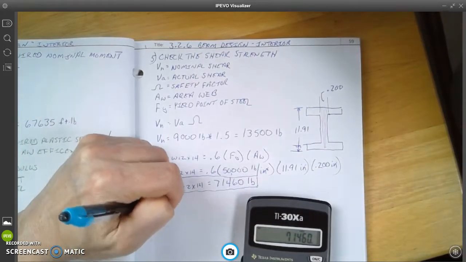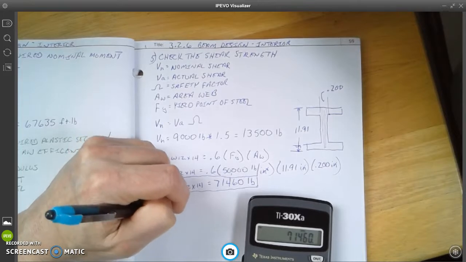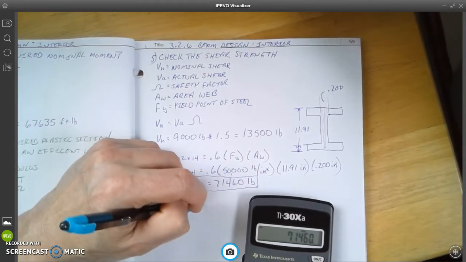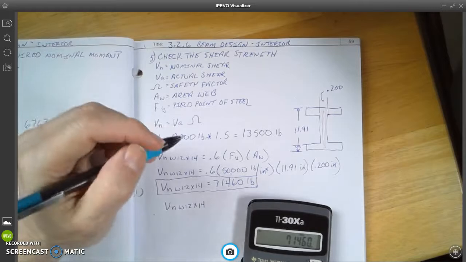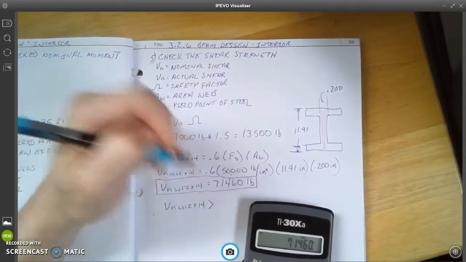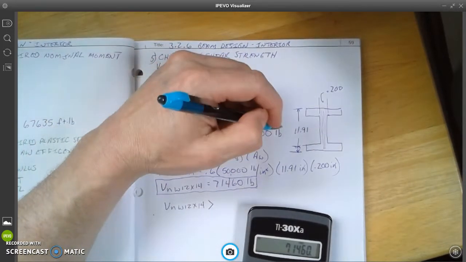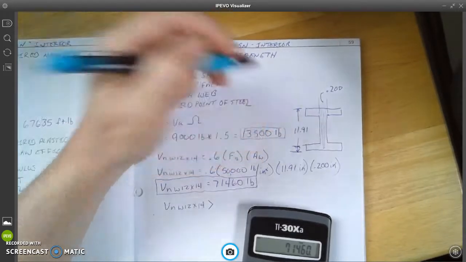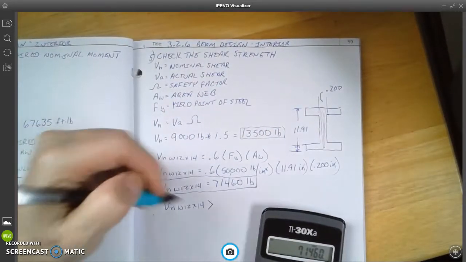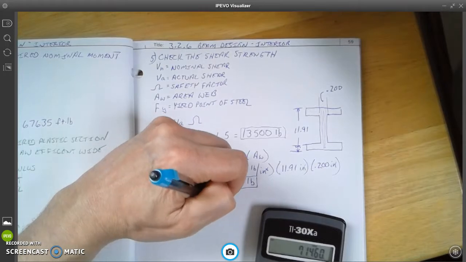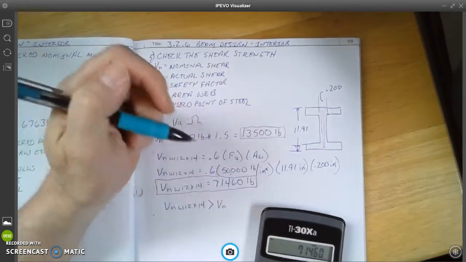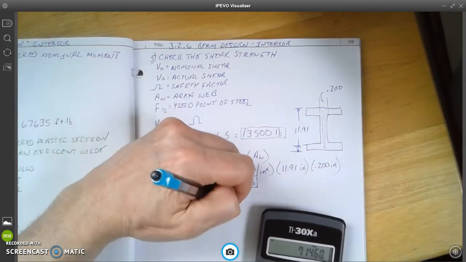So my Vn for the W12 by 14 beam is greater than this number up here, which is 13,500. So this is the Vn of the beam.